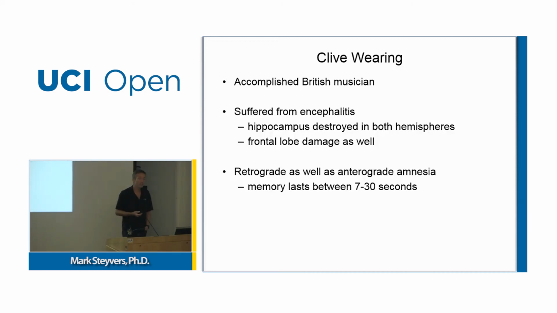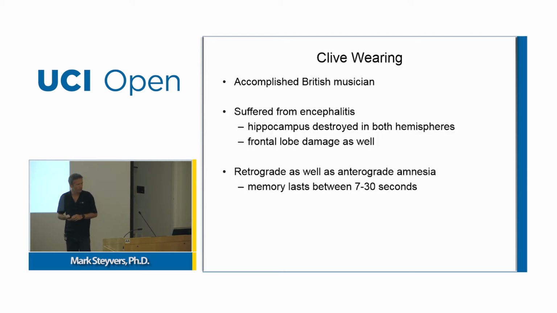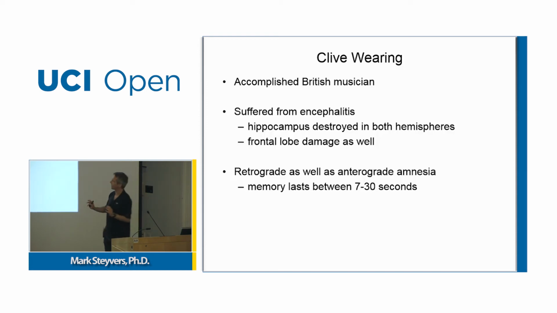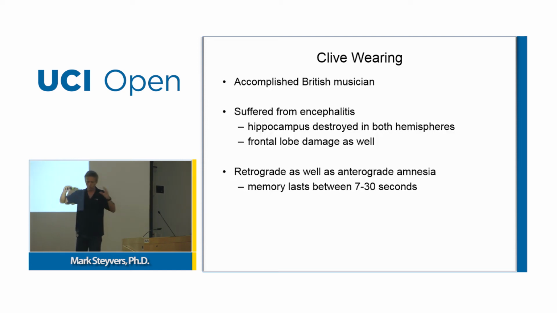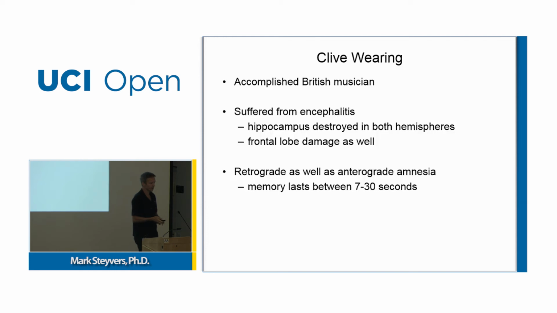It's apparently exceedingly rare that this happens. And that specifically affected his hippocampus and part of his frontal lobe. Now, he developed some mild retrograde amnesia, but he's mostly known for his anterograde amnesia. In fact, his whole experience lasts about 7 to 30 seconds, sometimes a few minutes, but his world is basically contained within this very short time span.